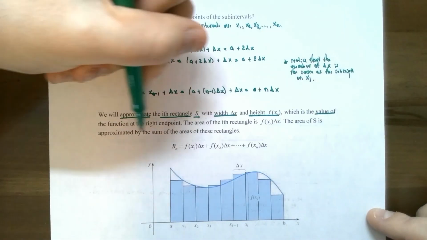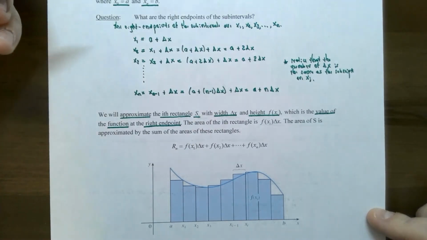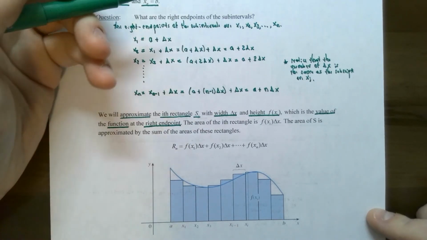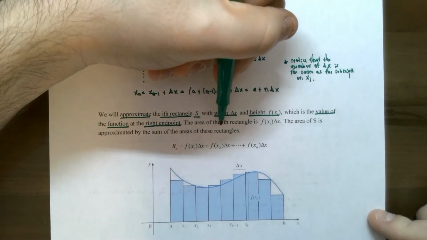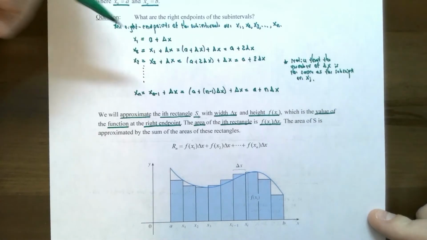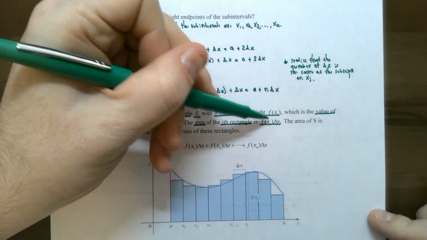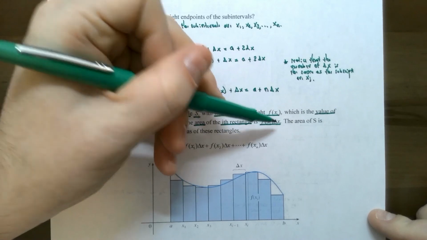So it's the value of the function using the right endpoint in this case. And then the area of the ith rectangle is f of x sub i times delta x. So it's the y value at the right endpoint times delta x.